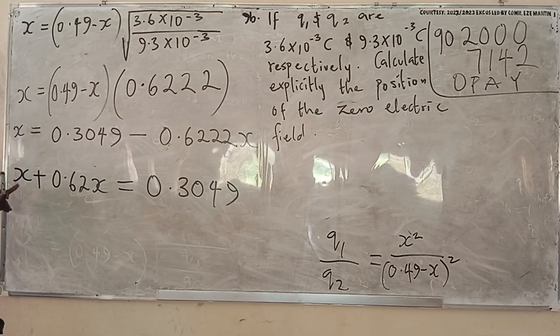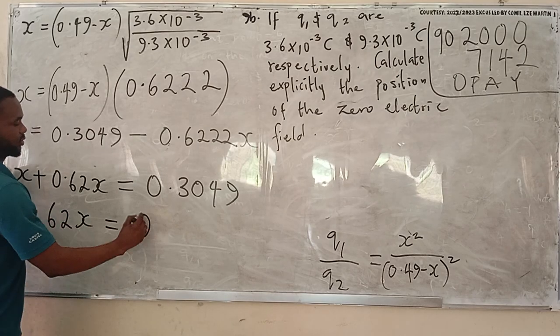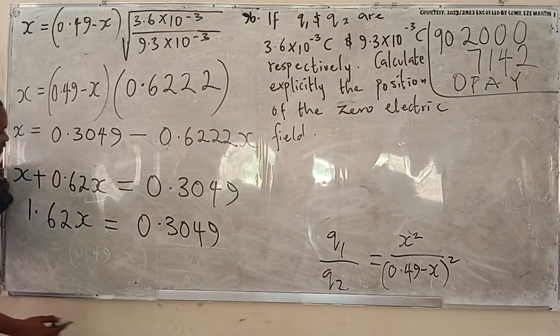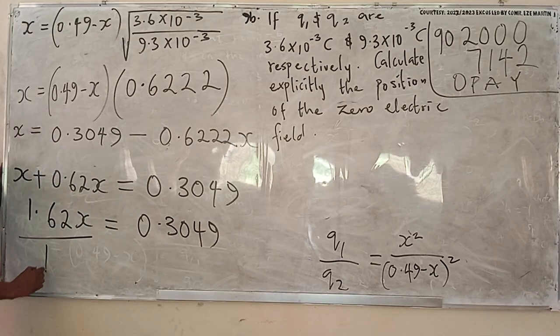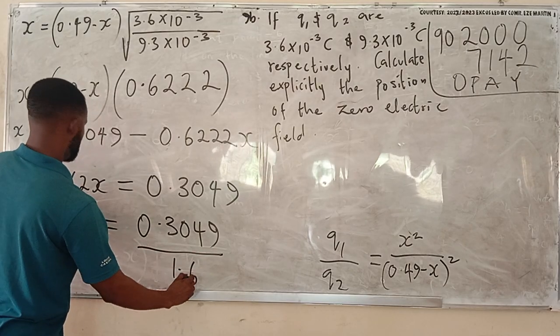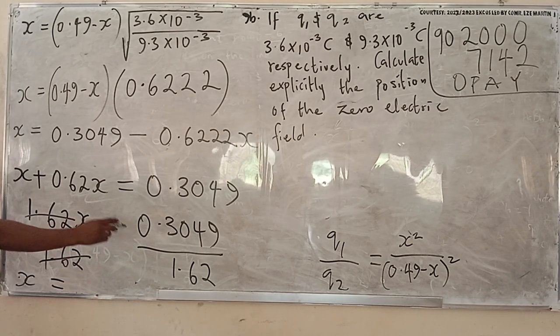So 1 of this plus this, what do you have? 1.6. So I can now divide both sides by 1.6, so that this cancels and x will be equal to... give me the answer.